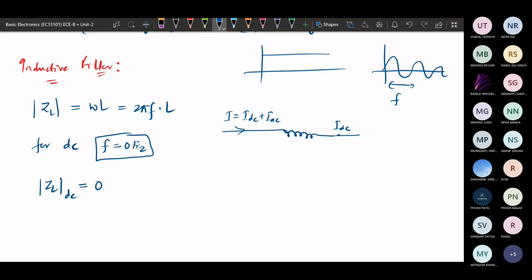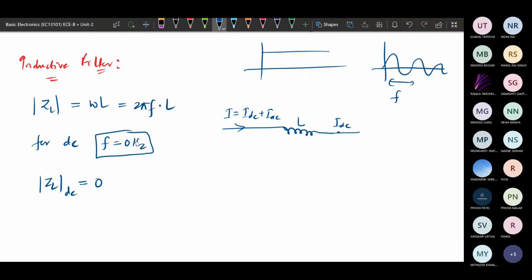Only DC will be passed, and if the resistance offered by the inductor is very high for AC, it can stop the flow of the AC component, so at the output we will get only the DC component. This is the intuitive part that we will be implementing.